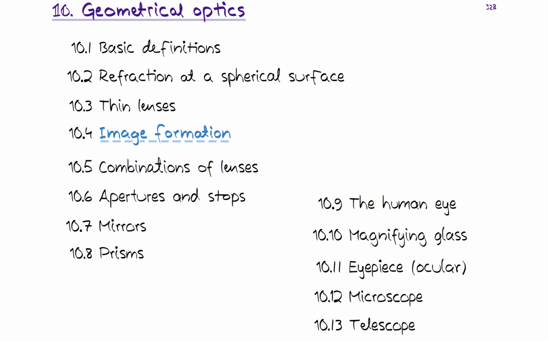And that, for example, helps us understand how a microscope works and how telescope works, magnifying glasses work, and all these things. And if you look at the upcoming lectures that we have, then it's needless to say that the transverse magnification will play a role in the future lectures that we have.